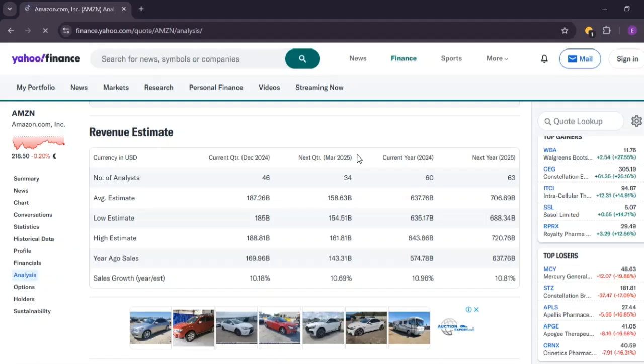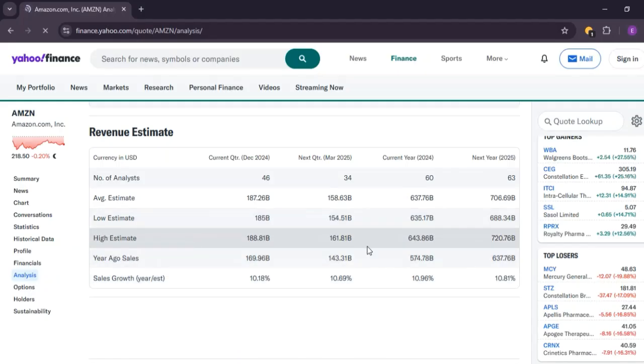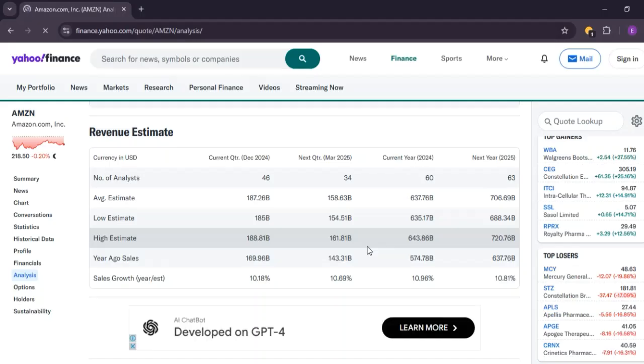For the next quarter, 2025, it is estimated to be 10.69%. And for 2025 as a whole, it is 10.81. So that is how we can have an idea of the projection of revenue for a particular publicly listed company.